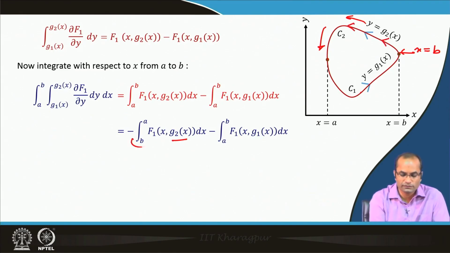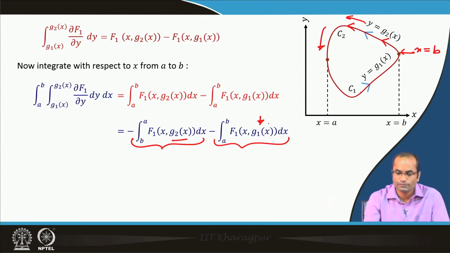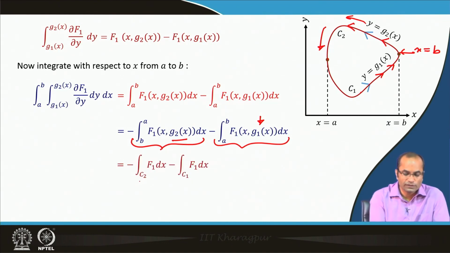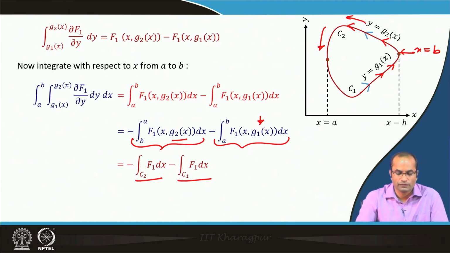So, this is the integral over the curve C2, and similarly here if we note this y is replaced with this g1 x, here we are integrating over the C1 curve. So, this is the integral over C2 and this is the integral over C1 curve. Then we can combine the two. That means this integral over C2 of f1 dx and this integral over C1 of f1 dx.